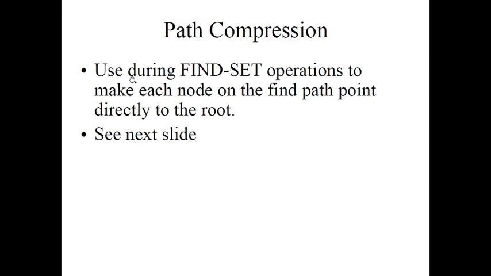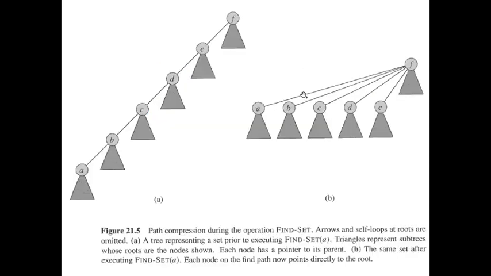Then path compression is used during the find set operation to make each node of the find path point directly to the root node. How are we going to do that? See, in this chain, find set A will follow the path to its parent, and finally to the root. Instead of that, path compression means you make each individual node point directly to the root node.